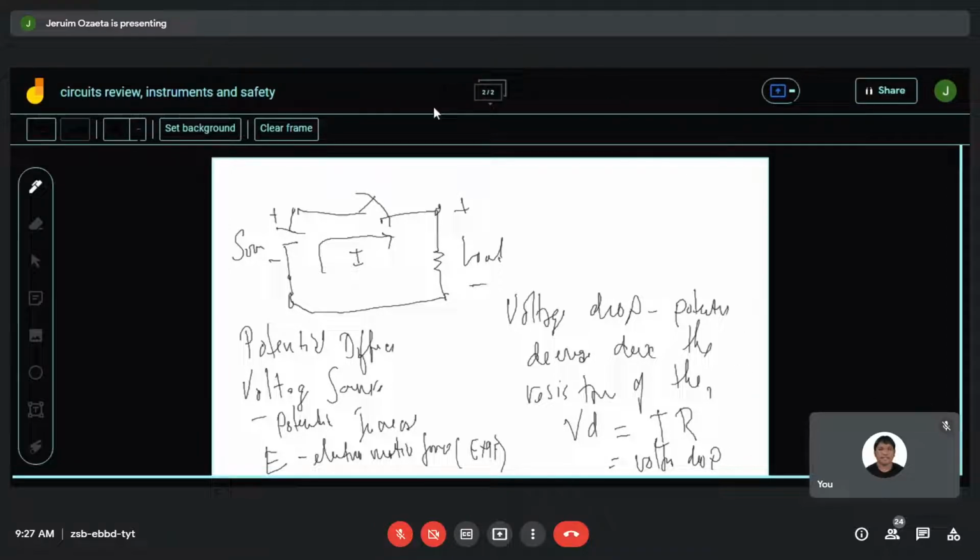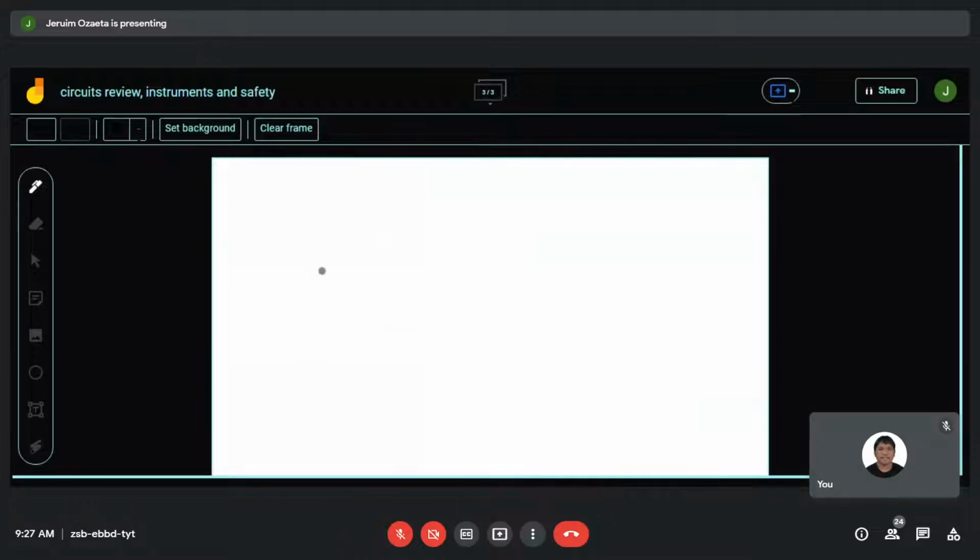Okay? Maliwanag na. So, if this is the resistance and the current flows to that direction, that means to say the potential is higher here and the potential is lower there. So the voltage drop here is VD equal to IR, the current times the resistance.